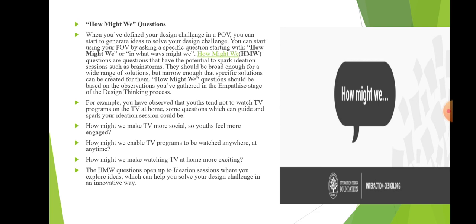Designers will use why to progress up the so-called why-how ladder, where the ultimate aim is to find out how you can solve one or more problems. Your how might we questions will help you move from the define stage into the next stage in design thinking, the ideation stage, where you can start looking for specific innovative solutions.